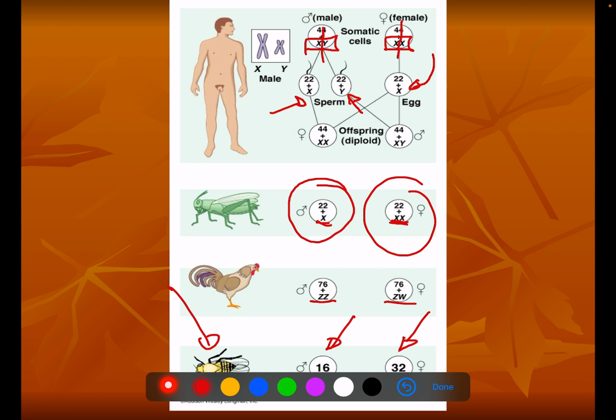And in that case, you would be a female bee. However, if the egg with 16 chromosomes doesn't get fertilized, then it just develops into a male. So male bees are actually haploids. They're like multicellular eggs. And I think that's just awesome.